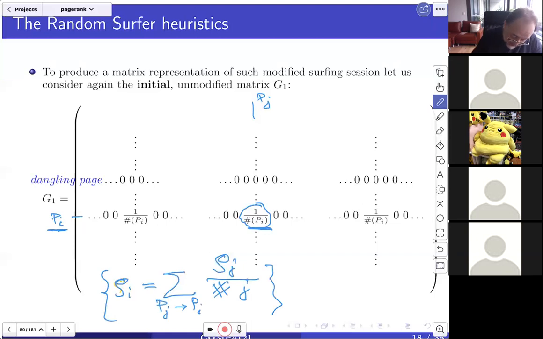Notice that this set of conditions can be compactly written as the vector rho transposed is equal to the vector rho transposed times G1, right?